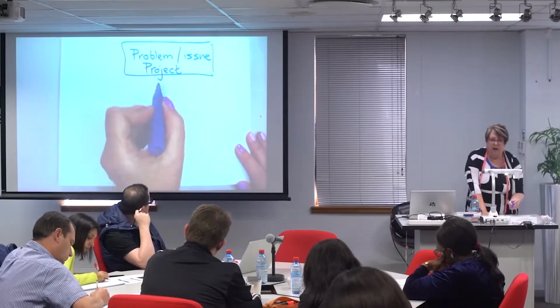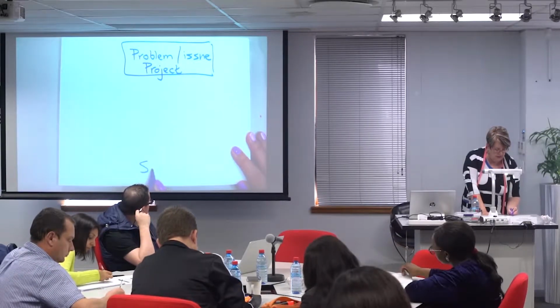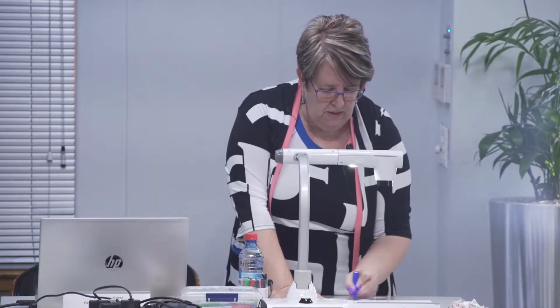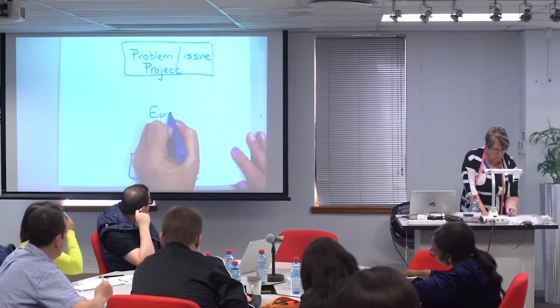And to be able to solve that problem and to get to a solution at the end of the day, in the middle of these two, you need to find evidence.